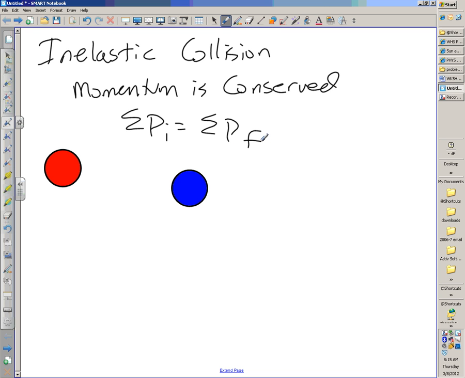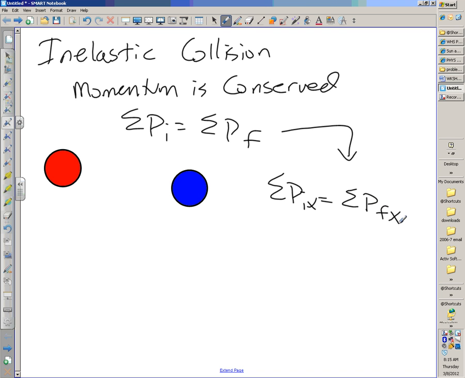But when we deal with the two-dimensional aspect of a collision, we have to expand that definition a little bit. In two dimensions, momentum is still conserved, but now we have to look at each axis individually.